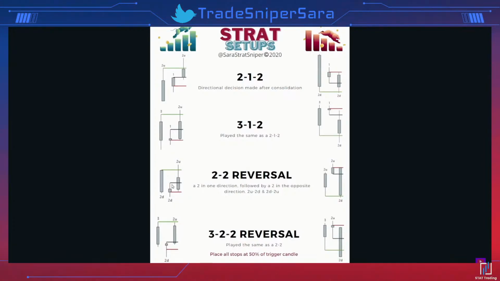2 down, 2 up. Over here to the downside, a 2 up met with a reversal, a 2 down. Okay, and we're always targeting the previous candle's low, the previous candle to your trigger candle.